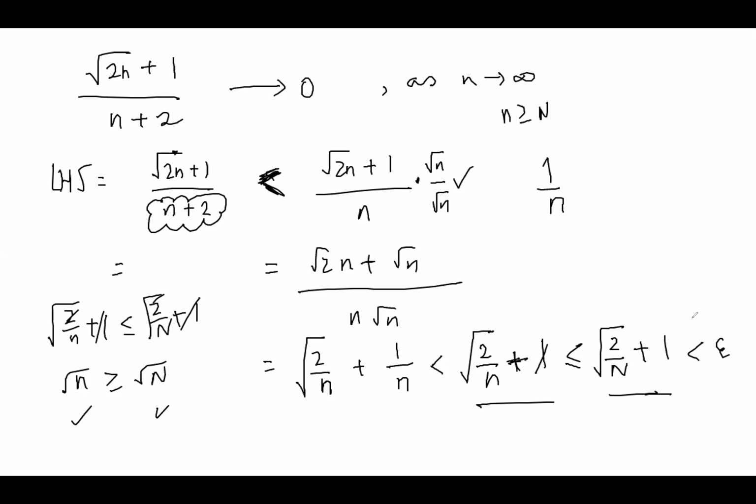So then you bound by epsilon. So square root of 2n. From here you rearrange this, and you will have n larger than the square root of 2 over epsilon minus 1, squared as the denominator.